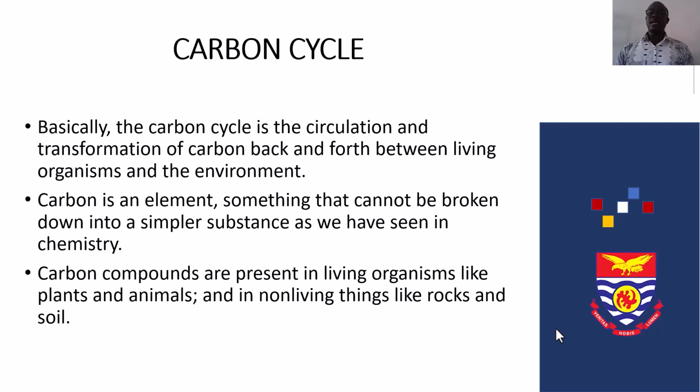So basically, the carbon cycle is the circulation and transformation of carbon back and forth between living organisms and the environment. Carbon is an element, something that cannot be broken down into a simpler substance, as we have seen in chemistry. Carbon compounds are present in living organisms like plants and animals, and in non-living things like rocks and soil.